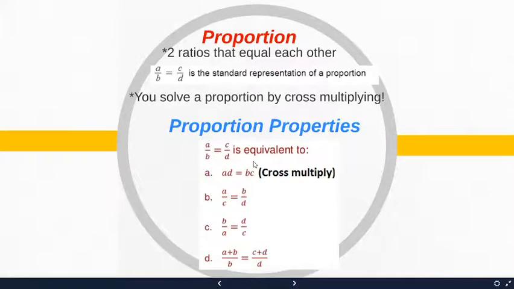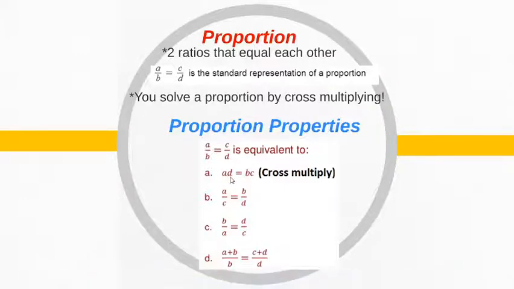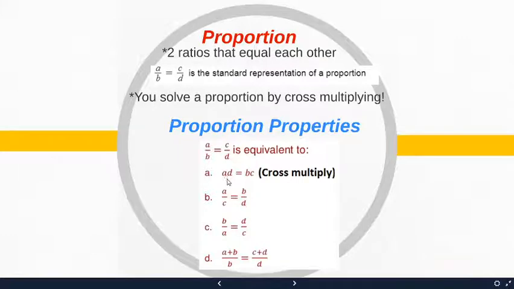You could also say that A times D equals B times C. If you ever see two things written side by side, there's always secretly multiplication. You get this by cross multiplying: A times D, diagonal, will equal the other diagonal, which is B times C.